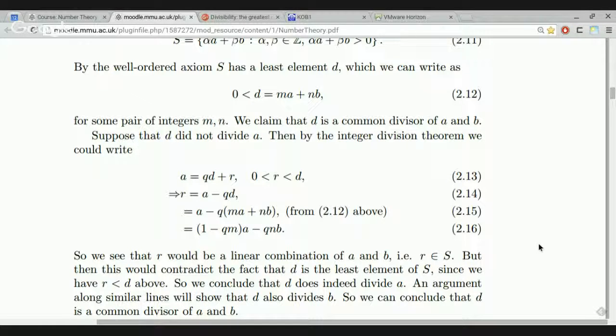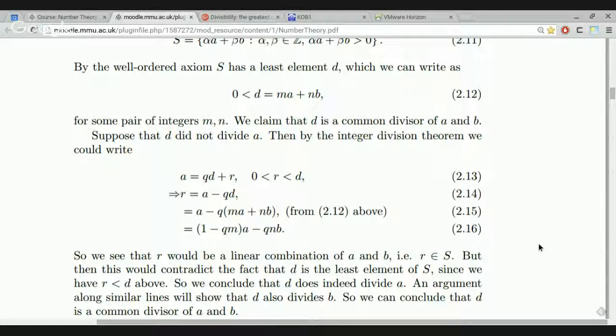We can't have contradictions. If there are contradictions, then literally everything falls apart. So the thing that led to the contradiction was the assumption that it was even possible that D did not divide A. So that can't happen. So it must be that D divides A.